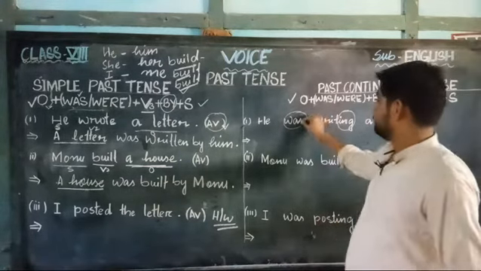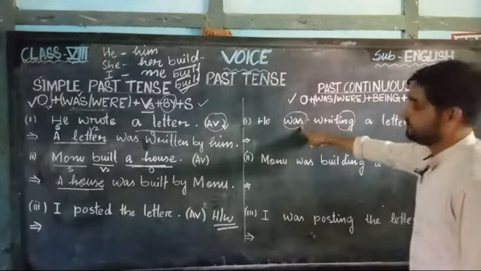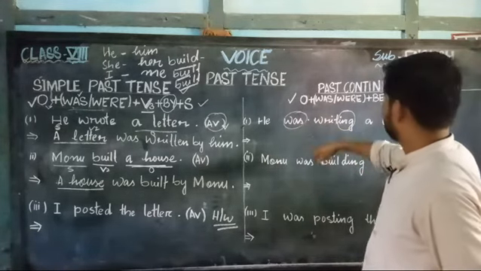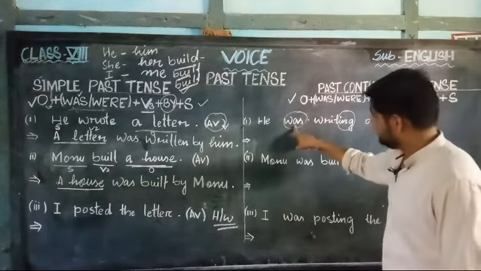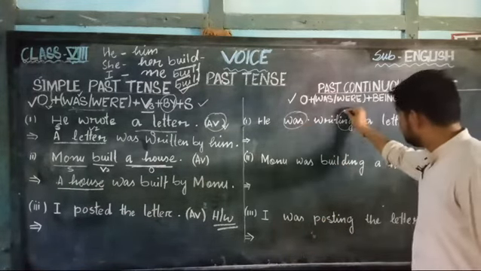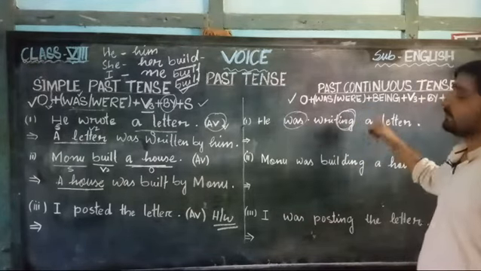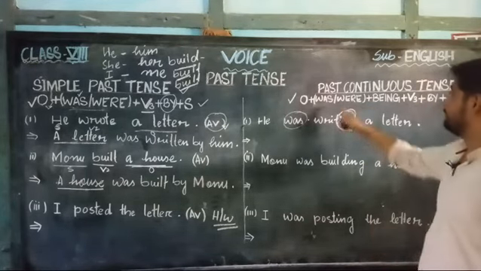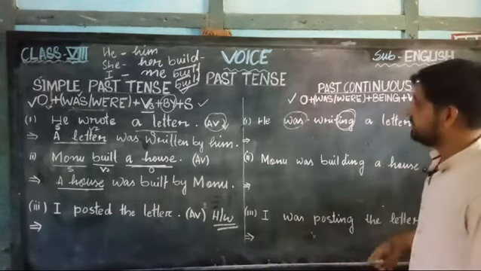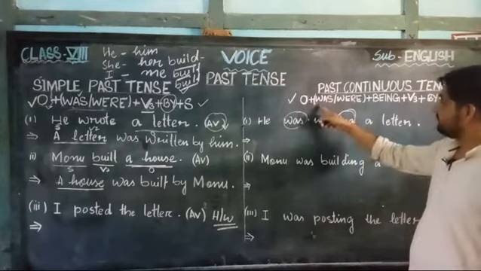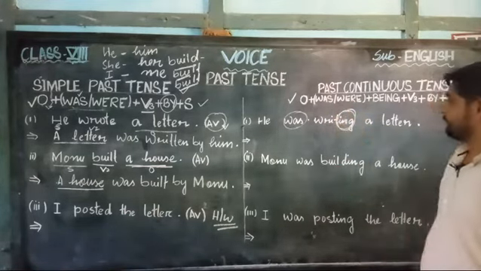If was or were is there, without any confusion, this sentence will be in past tense. So this tells us it is in past, and ing tells us it is continuous. So, past continuous. When the sentence is in past continuous tense and you are asked to change it into passive, then you have to use this rule. Clear?